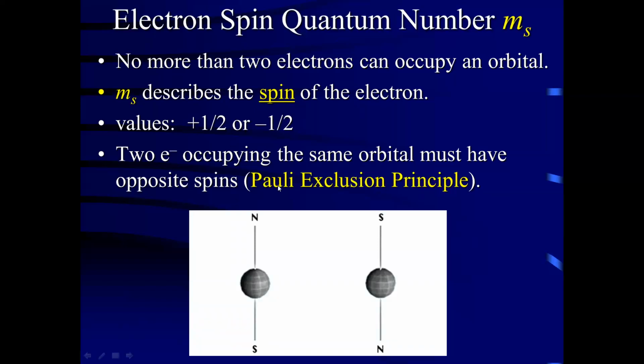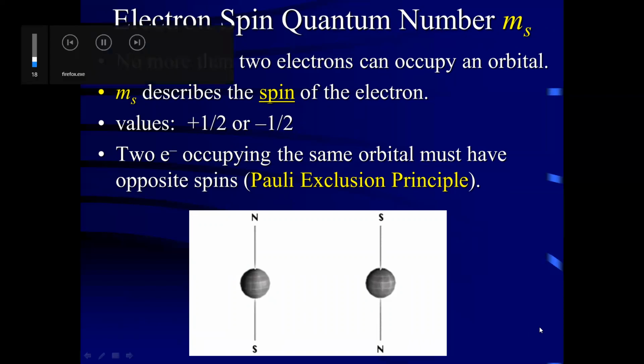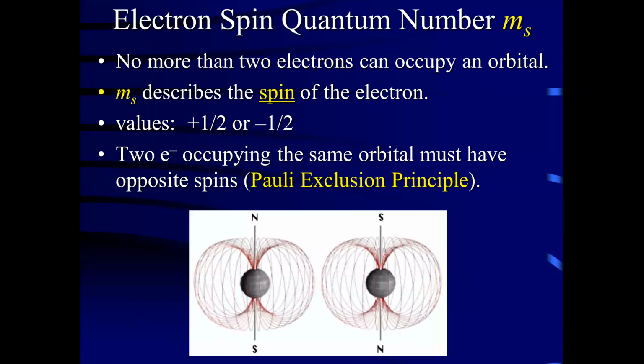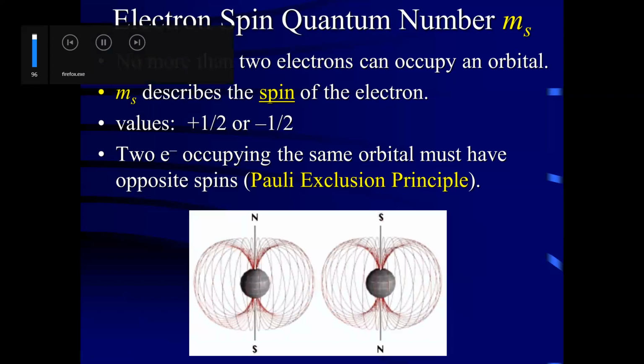That principle says the 2 electrons occupying the same orbital must have opposite spin, which creates a magnetic field. Spinning electrons produce magnetic fields with an identifiable magnetic polar orientation, so-called north or south. The polar orientation of a given electron is determined by the direction of its spin.